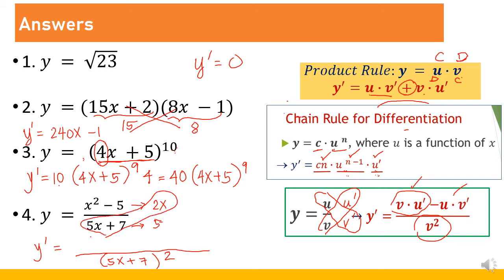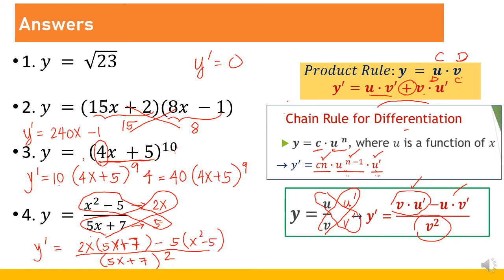So this product first. Okay, so we have a 2x times 5x plus 7. Yan. By the way, itong 2x tsaka 5x plus 7, they can interchange since multiplication is commutative, pero subtraction is not. So, similarly, for this product, you can write 5 first, so minus 5 times x squared minus 5.